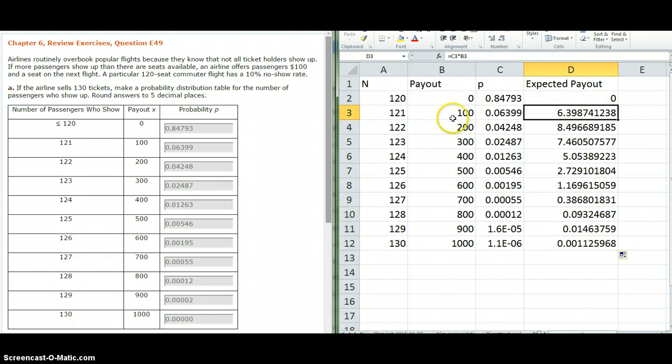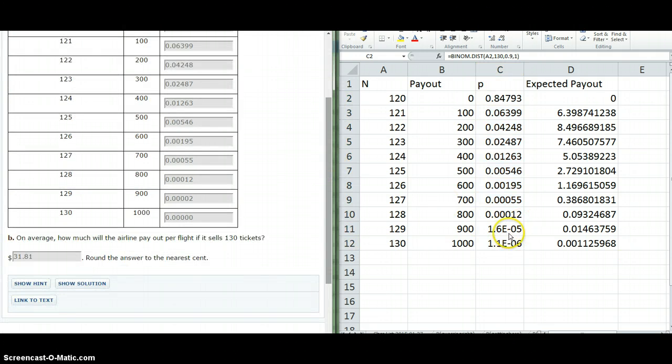Now here, there's a 6% chance that 121 show up and we have to give one voucher. So since there's a 6% chance, a $100 payout, that's an expected value of $6. So we can go through here and fill out the numbers in the chart, the ones coming from this.